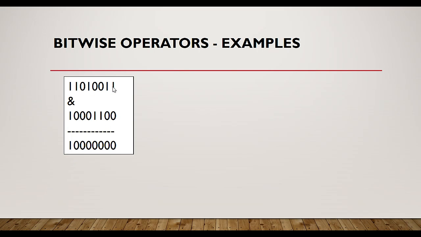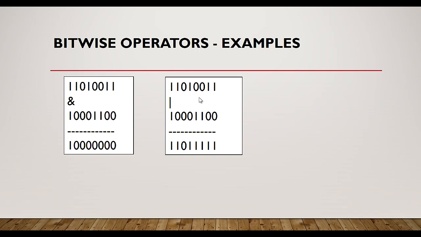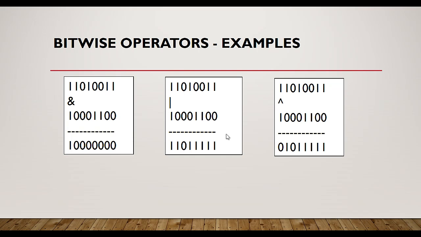Here is a simple example. For AND, where the bits are different it becomes 0, and only one position becomes 1. In OR, it's not like that. Where both are 0 they can't do much, so except for that position, everything has become a 1.